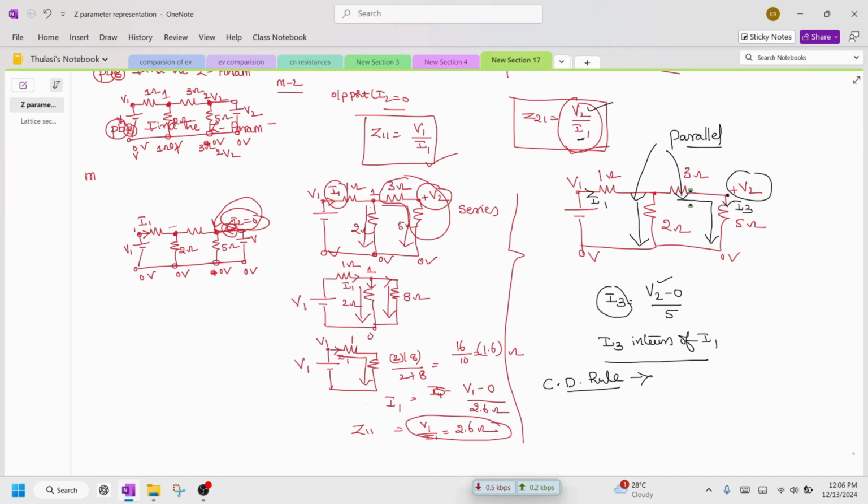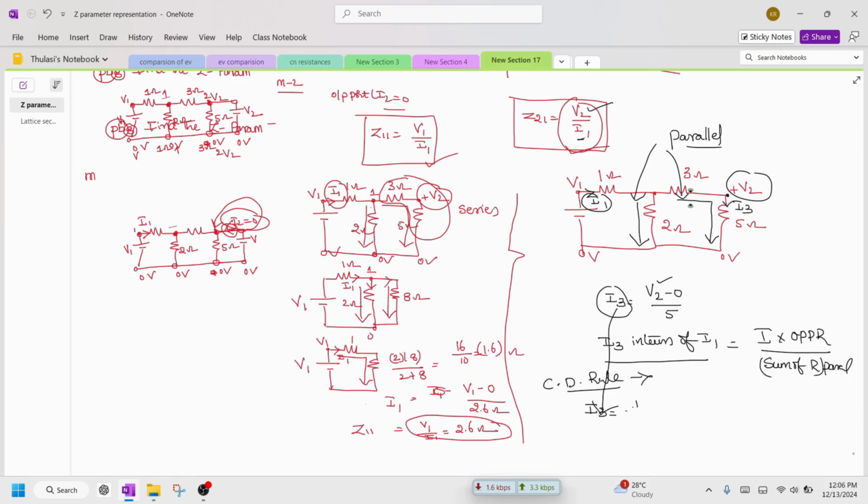So I want the current I3. The formula is: total current into the opposite branch resistor connected in parallel, divided by the sum of the resistors connected in parallel. What is the total current?